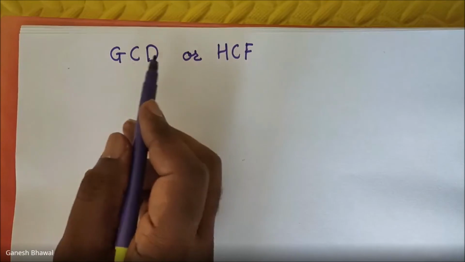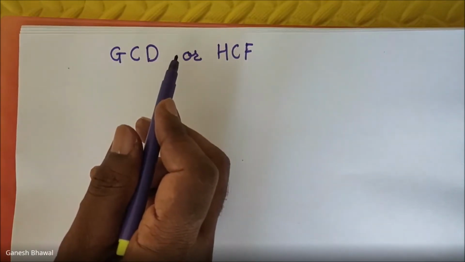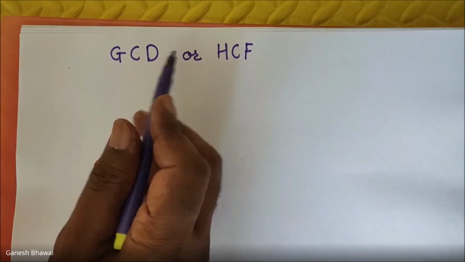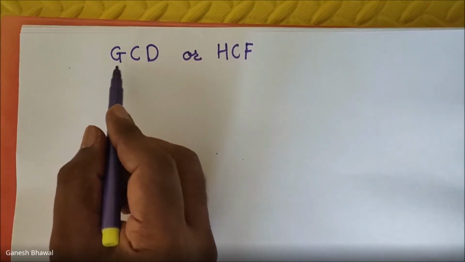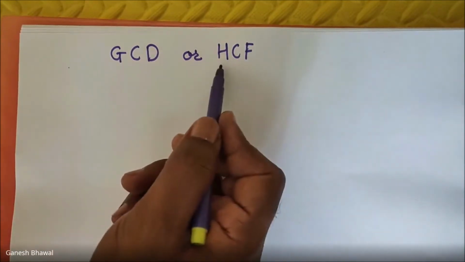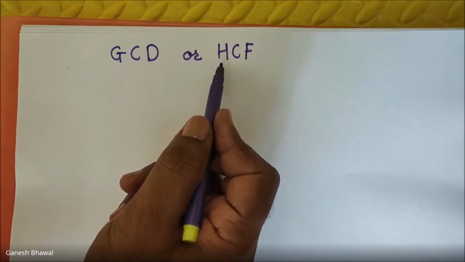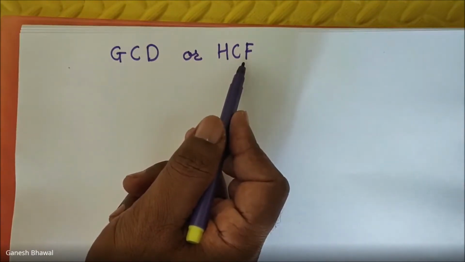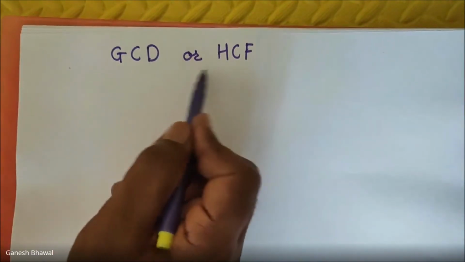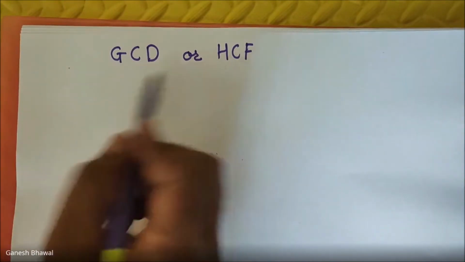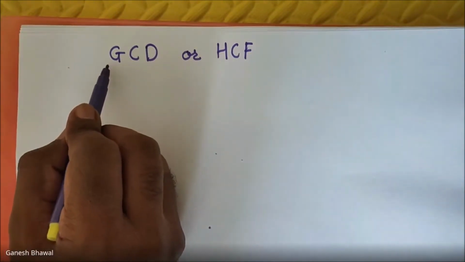So these practice sets were just an introduction to this topic. Now the main topic is started. The name of the topic is HCF and LCM. So we have to start with HCF, which is also called GCD.